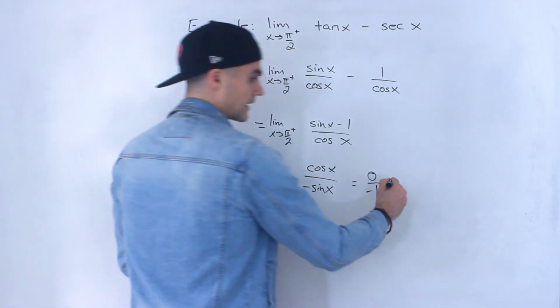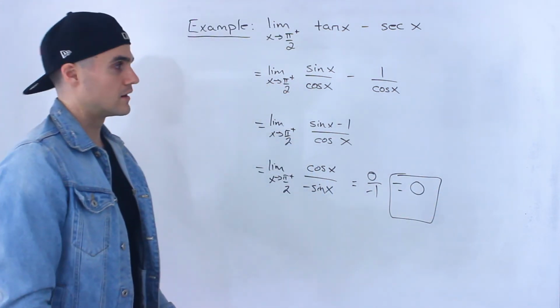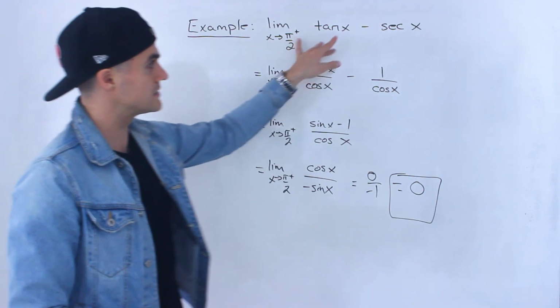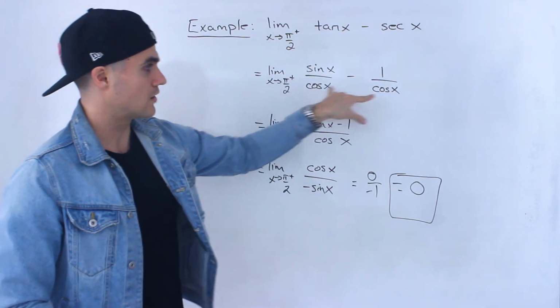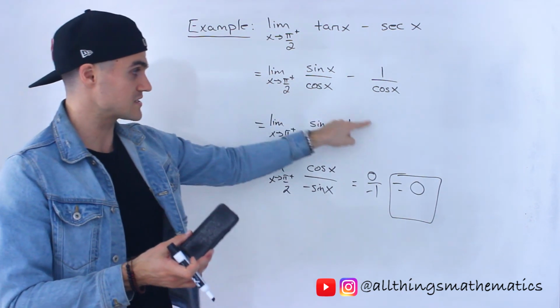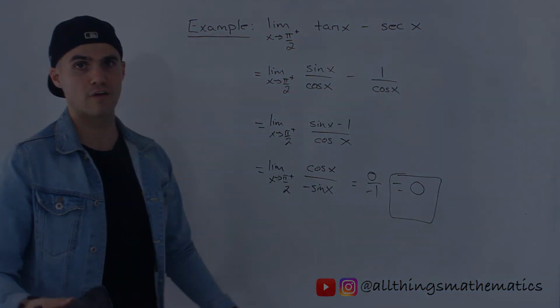Then 0 divided by negative 1 is just 0. All right, so that's the answer to this limit. So we took that indeterminate difference, used a common denominator, changed it to be one expression here, and then this was an indeterminate quotient. Then we applied L'Hopital's rule, and then we got the final answer.